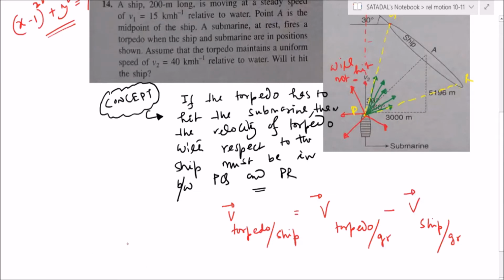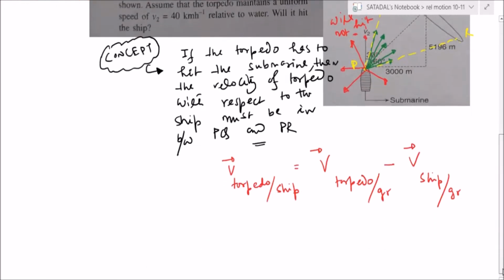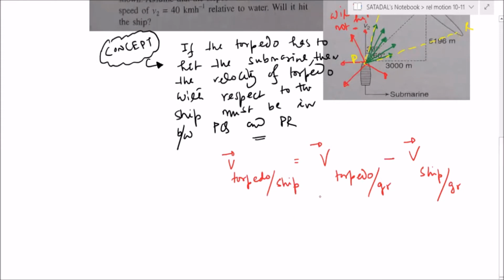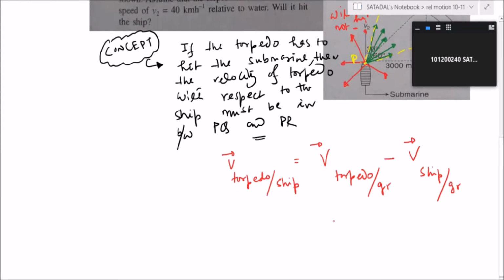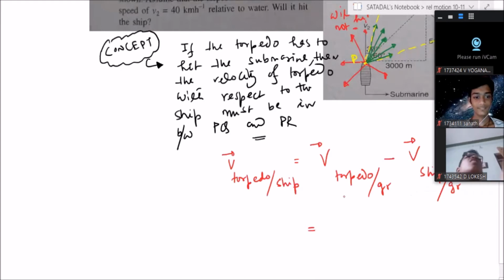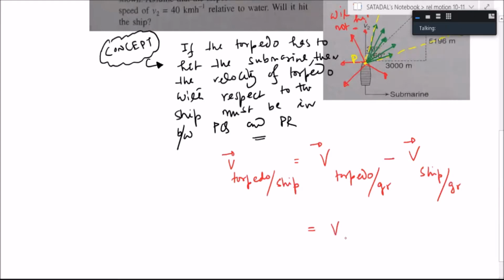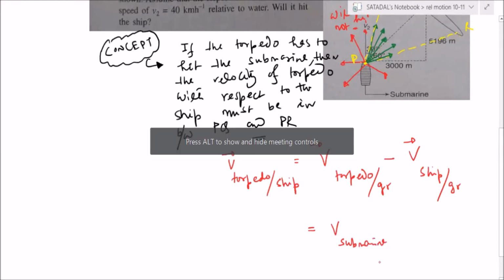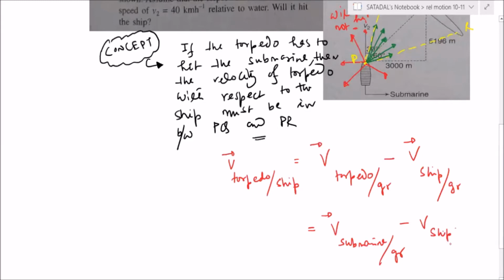Somebody is already blasting some torpedo over Sanat's head. If you want to see the practical, you can see. So now, the direction of the torpedo is the same as the direction of the submarine. So velocity of the submarine with respect to ground minus velocity of the ship with respect to ground.